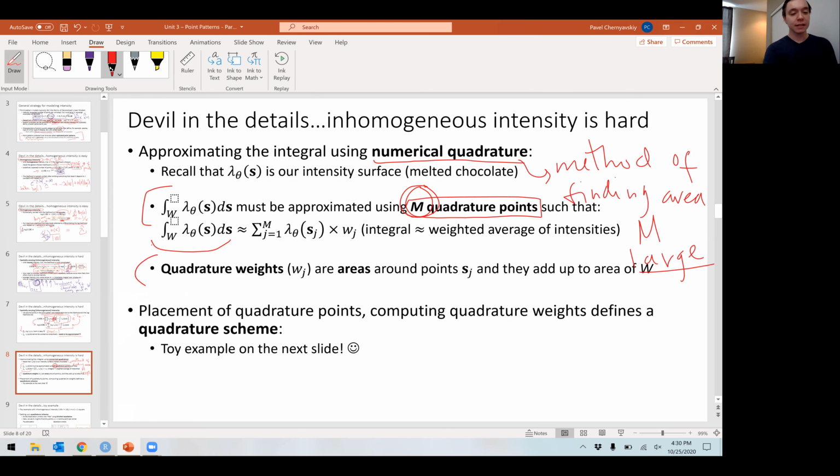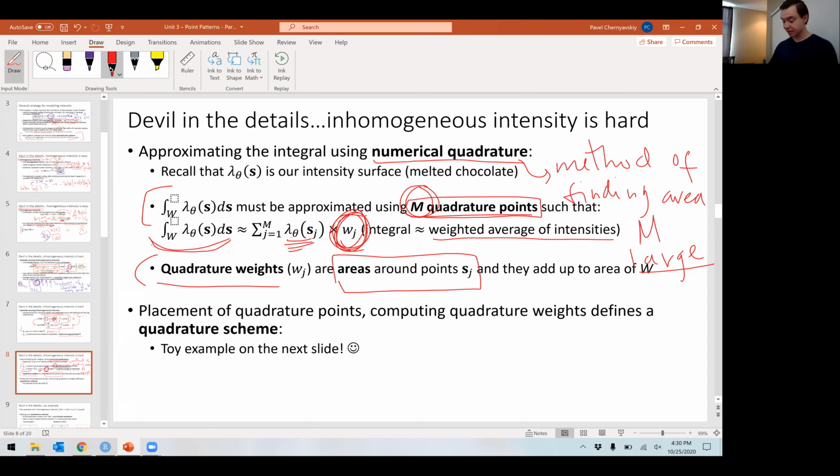So we're going to take this integral, we're going to make it into a weighted average of intensities. These intensities will be modeled by a set of covariates. What we now need are these so-called quadrature weights, which will serve inside of this weighted average. These quadrature weights are going to be areas around our quadrature points.